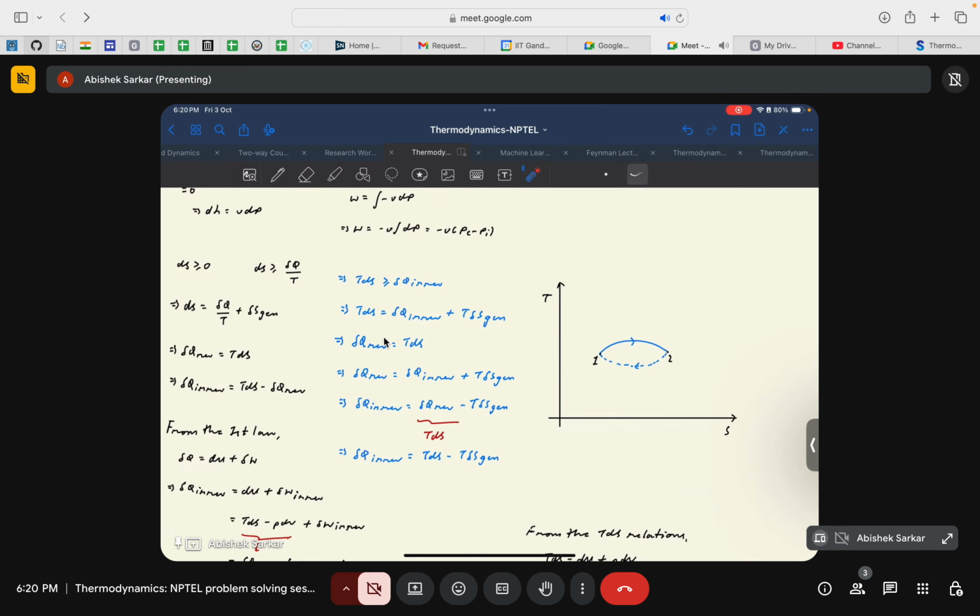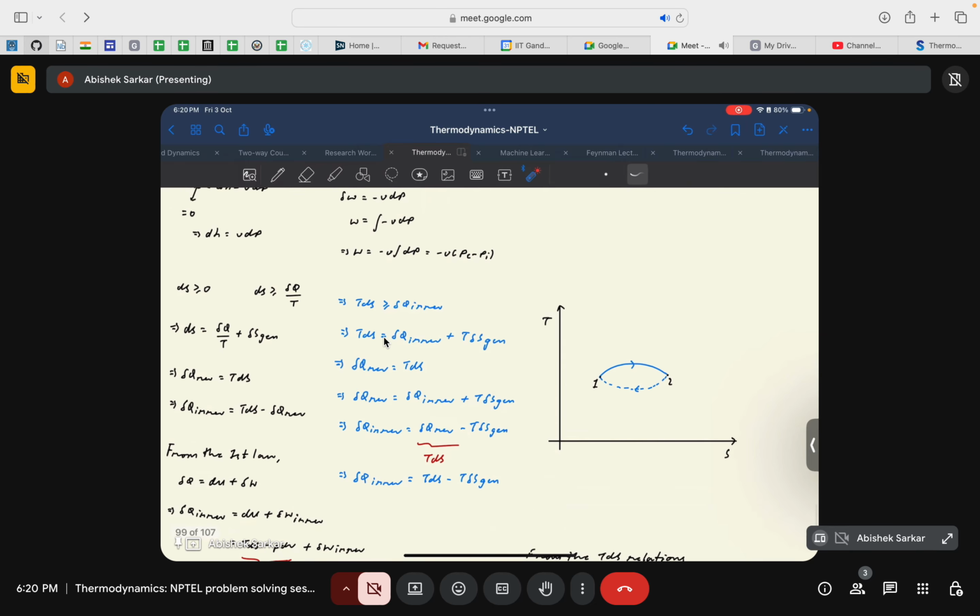So from that we can write ds equal to del Q by T plus some additional term. Since ds is greater than or equal to del Q by T, it would mean that ds should be equal to del Q by T plus some additional positive term.